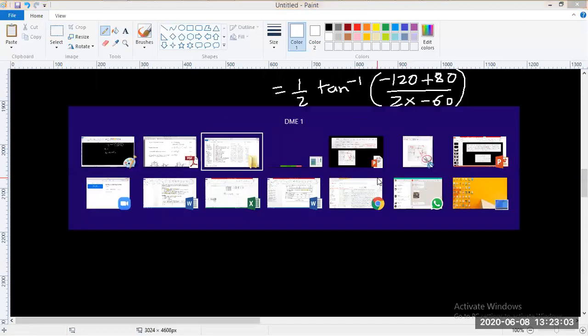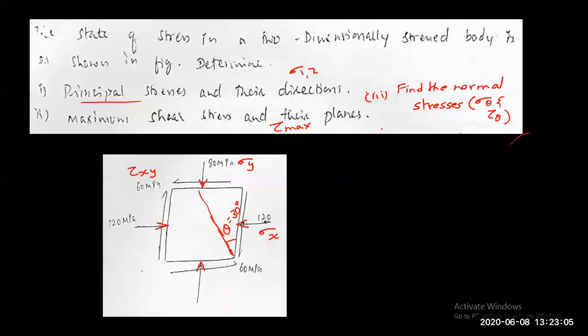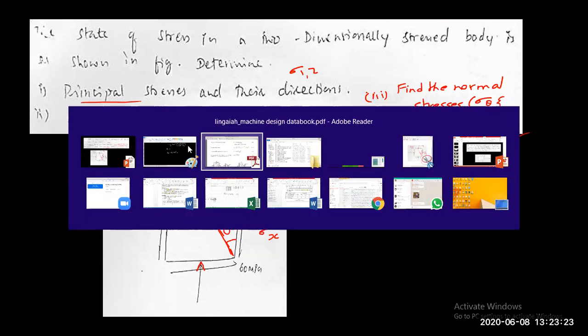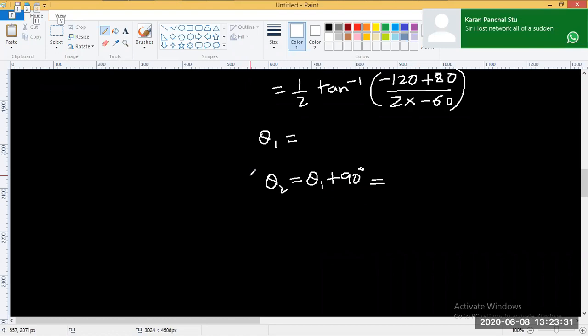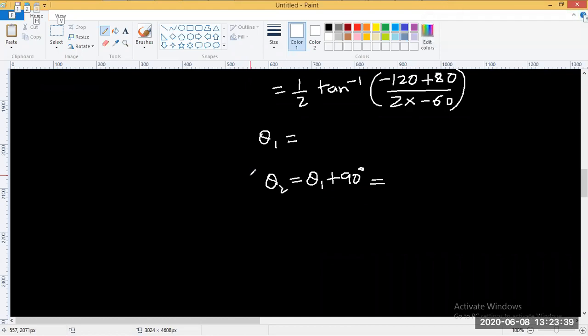Just add 90 to that, you will get your second principal stress. We'll go back to the question. So this is the question given. We need to find one last thing, and as I told you, it's just an extension. You can find the normal stresses also. Sometimes we may ask you to find the normal stresses, which we have derived in the values there. Over 2 into minus 60.